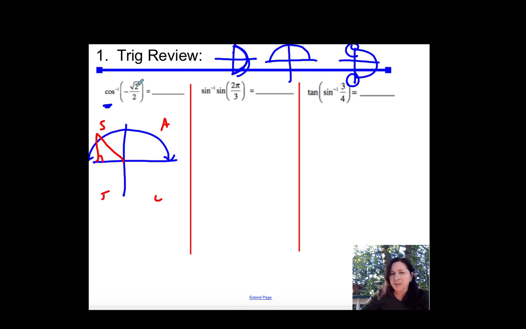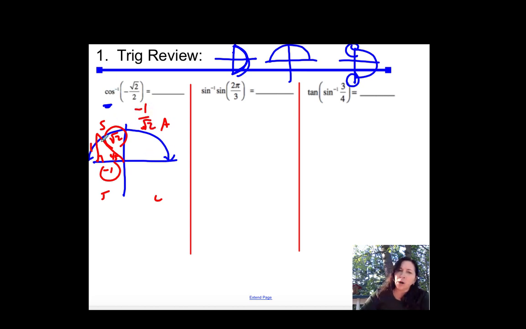And remember, this stems from a 45-degree angle where it's 1, 1, square root of 2. And because it's adjacent over hypotenuse, this came from -1 over the square root of 2.